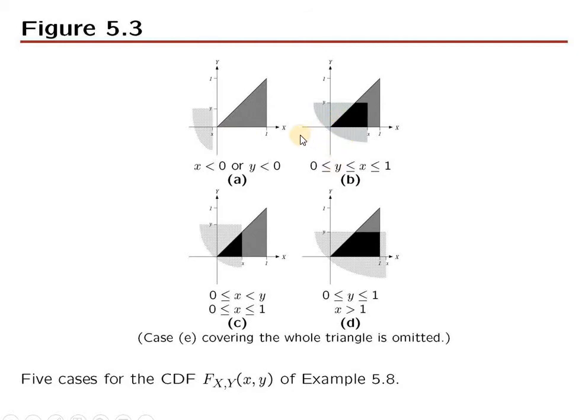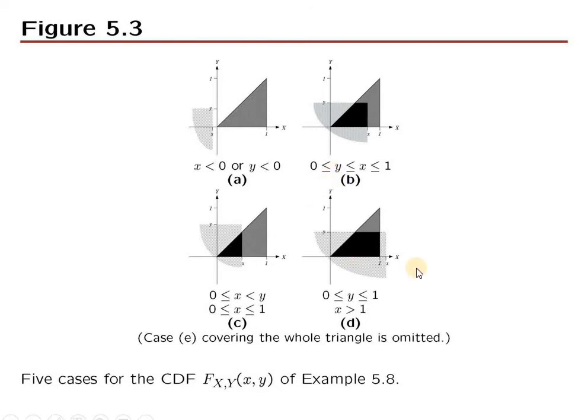Similarly, when I push this further so that y is greater than or equal to 0 but x is less than 1, now for the second case we just plug in the limits and we calculate the result.